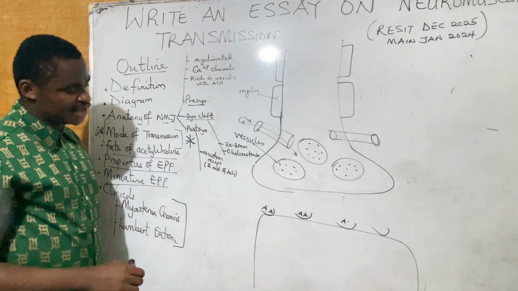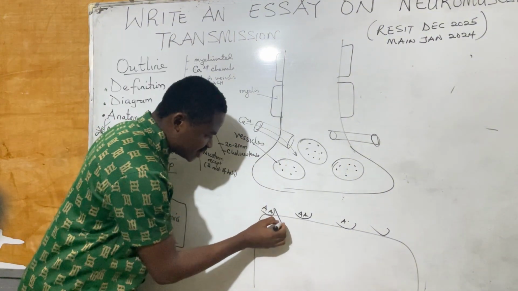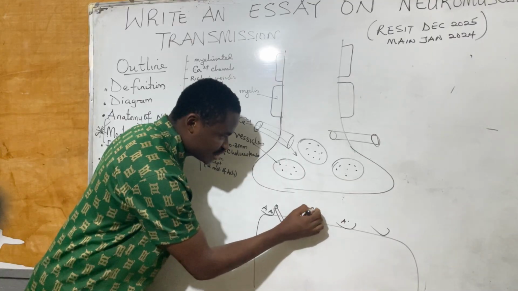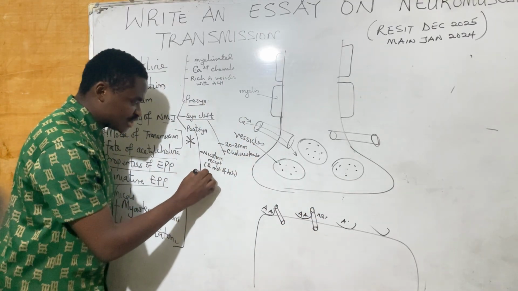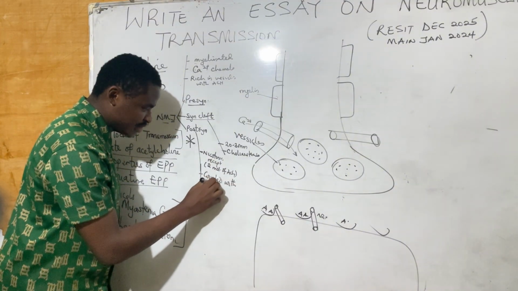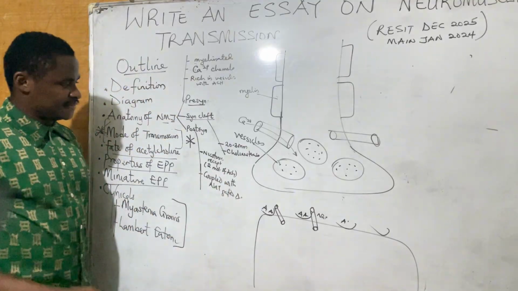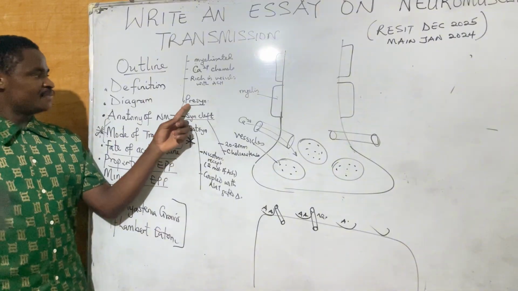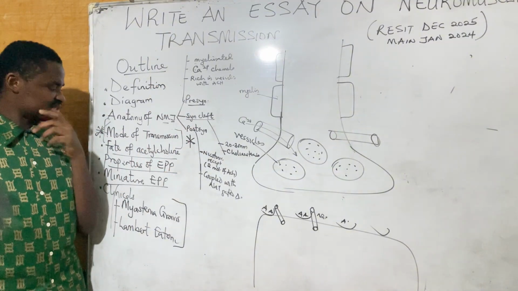What else do we take note of? These receptors are coupled with sodium gated channels. So we have highlighted the most important facts for the anatomy of the presynaptic, synaptic, and postsynaptic.